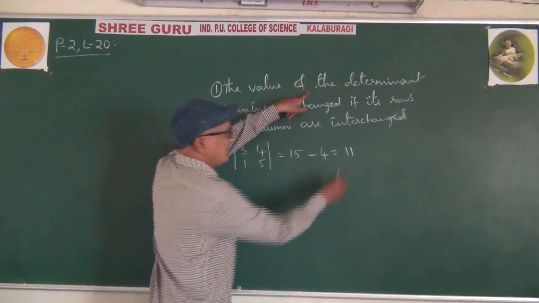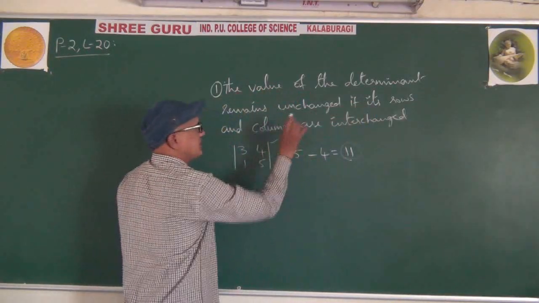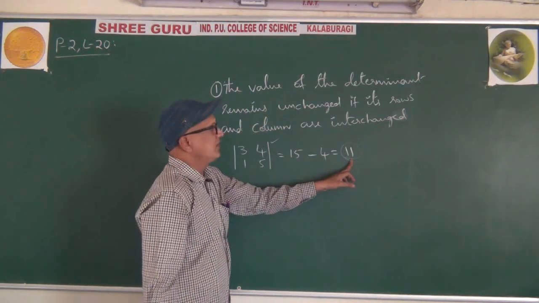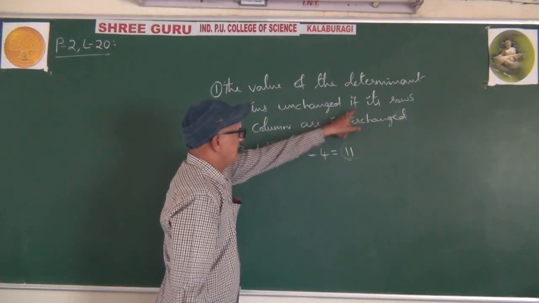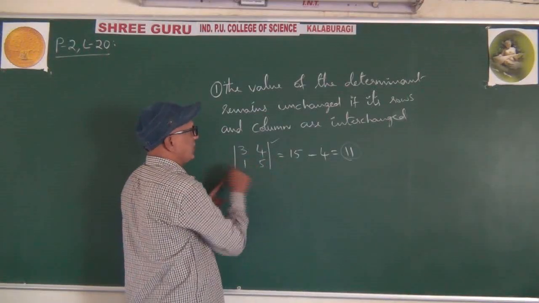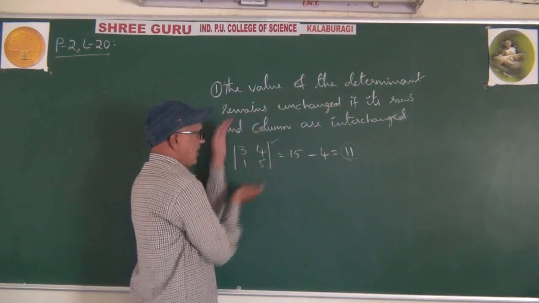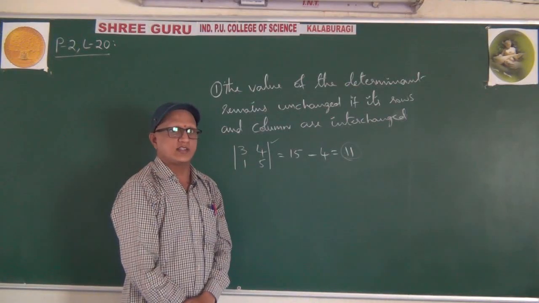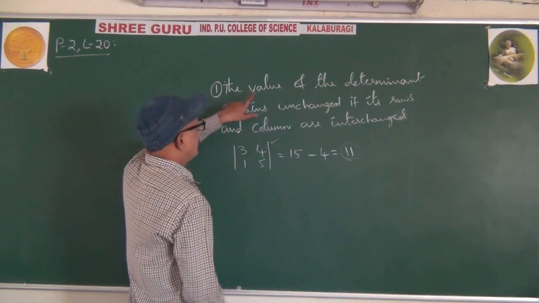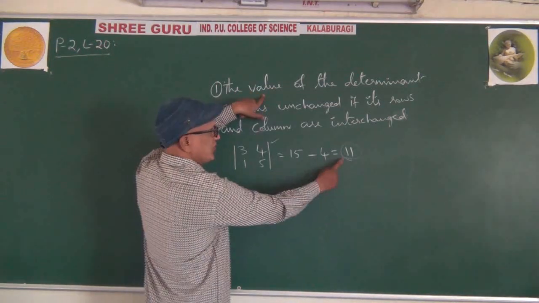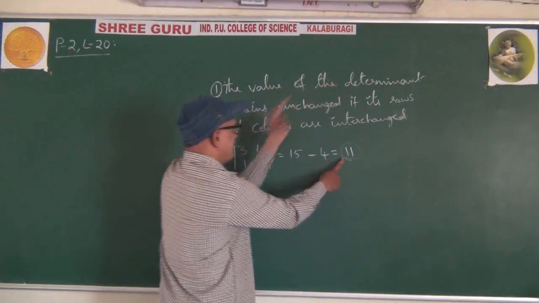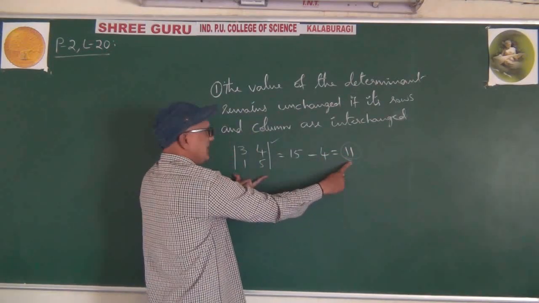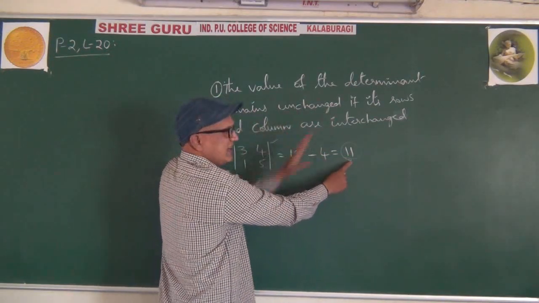Now let us see the property. The value of the determinant remains unchanged. It will not change if its rows and columns are interchanged. Once again, the value of the determinant remains unchanged.